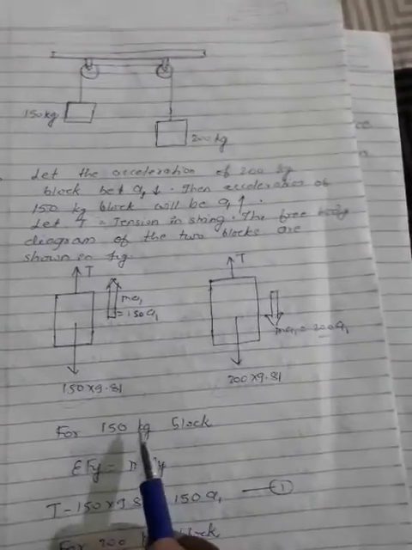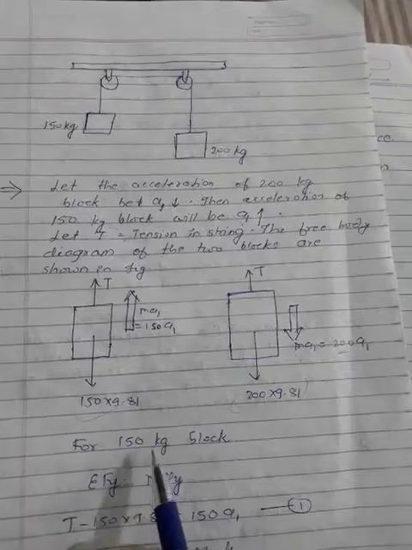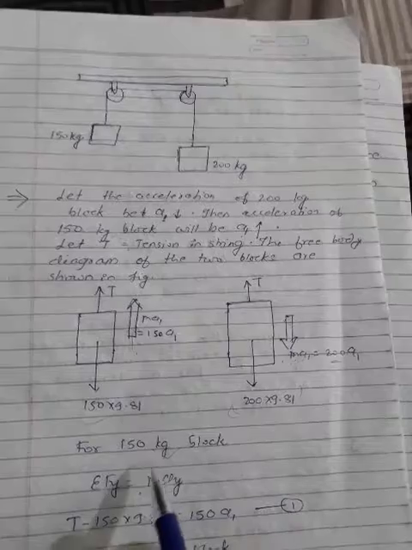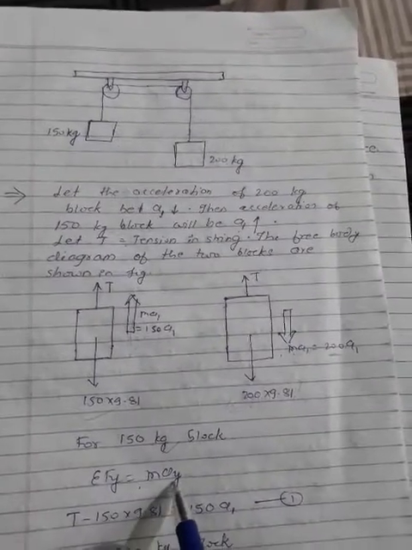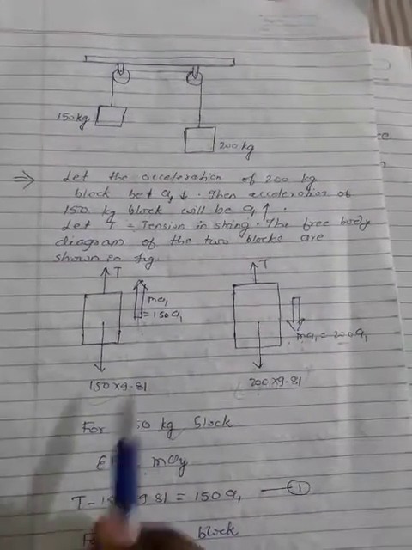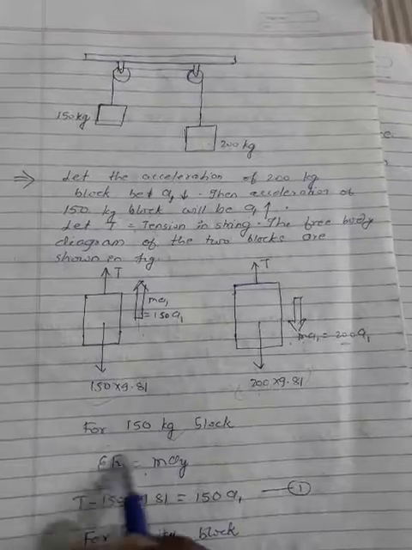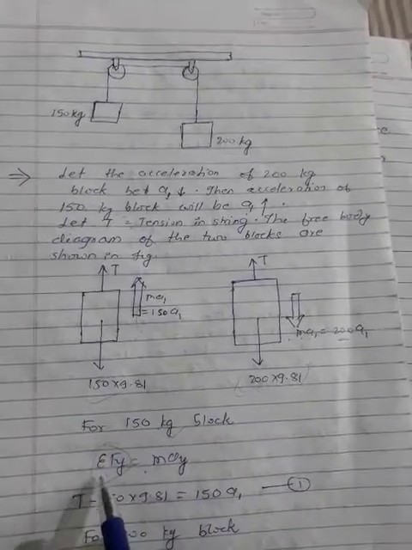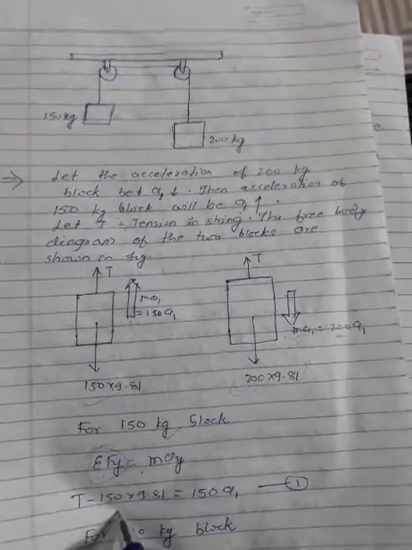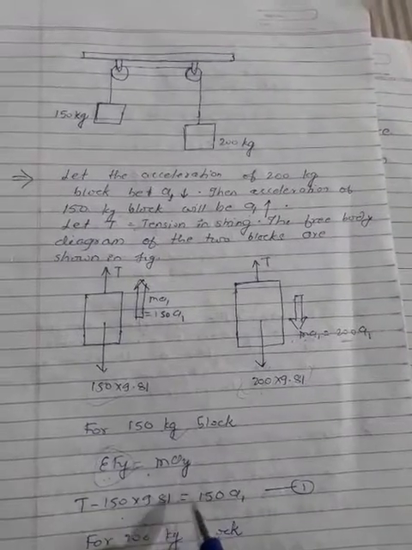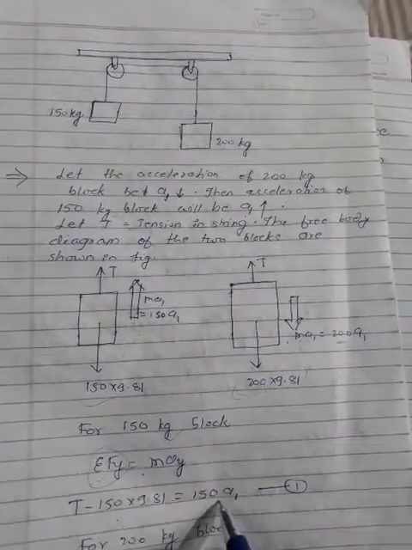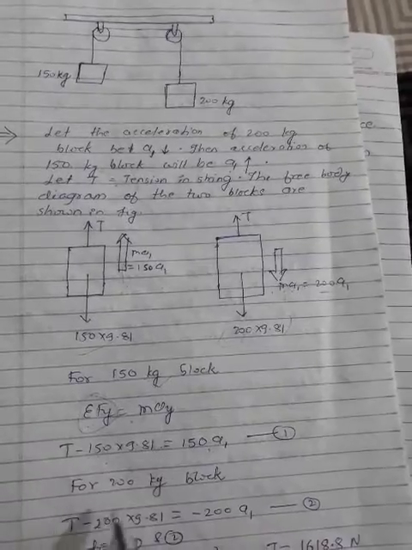Now initially I am applying for the 150 kg block, summation Fy equal to m into ay, as the motion is in the vertical direction, here vertically downward and here vertically upward. So with sign convention, T upward positive, minus 150 into 9.81 equals 150 into A1. That is one equation I have got.